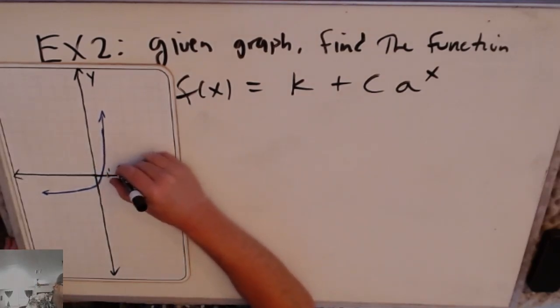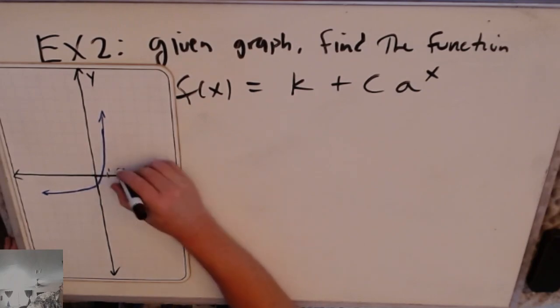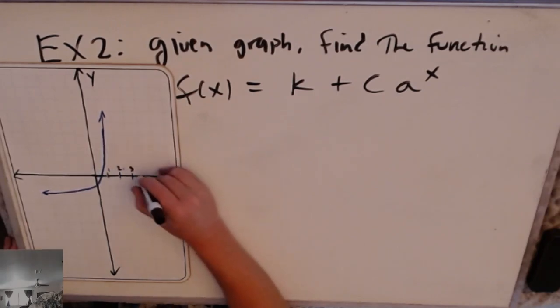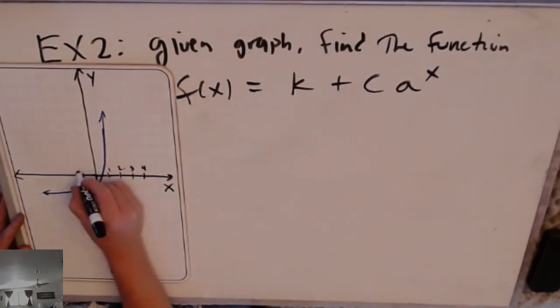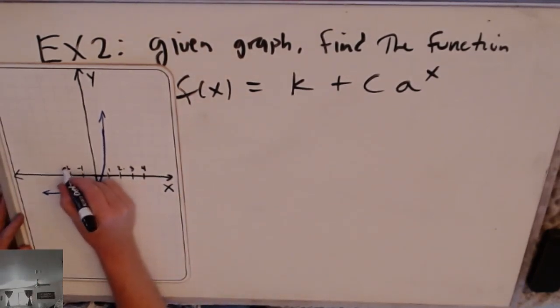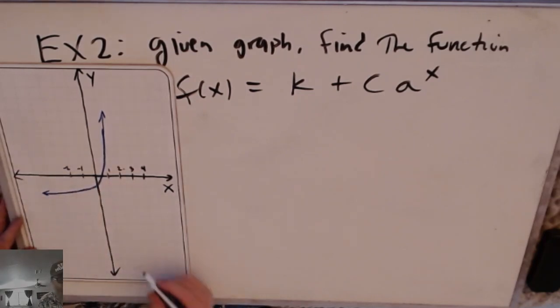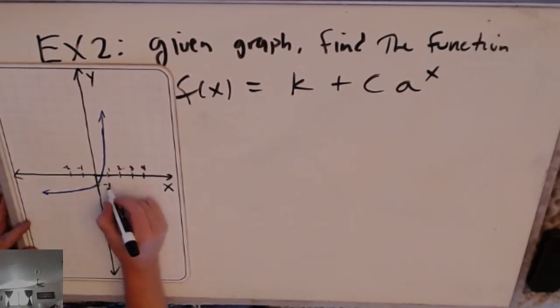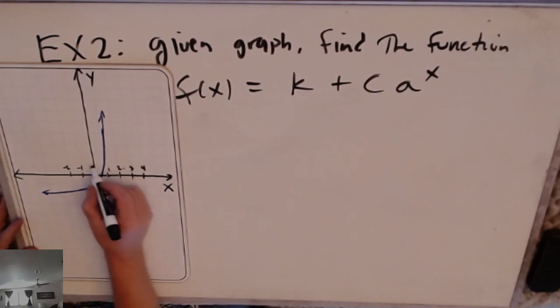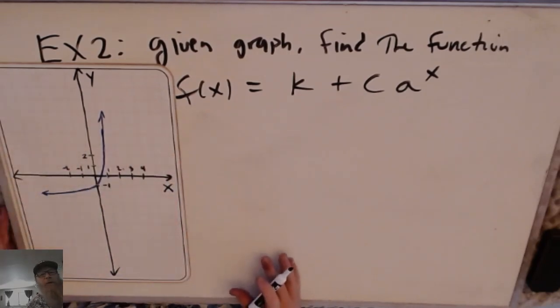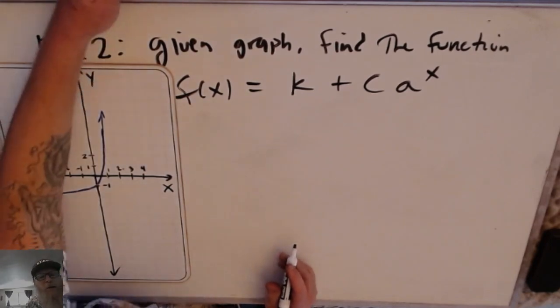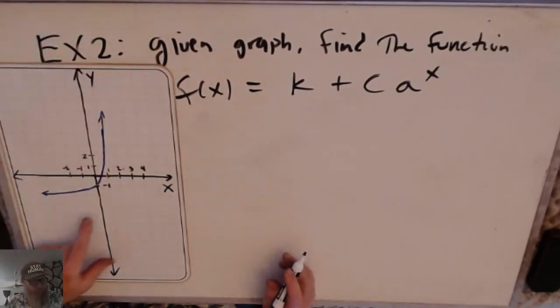So we have 1, 2, 3, 4, etc. -1, -2, etc., etc. Down here, -1. Up here, +1, +2. It's not necessary to label every point, but it might be a good idea to have a few of them labeled so that you know what you're actually dealing with.